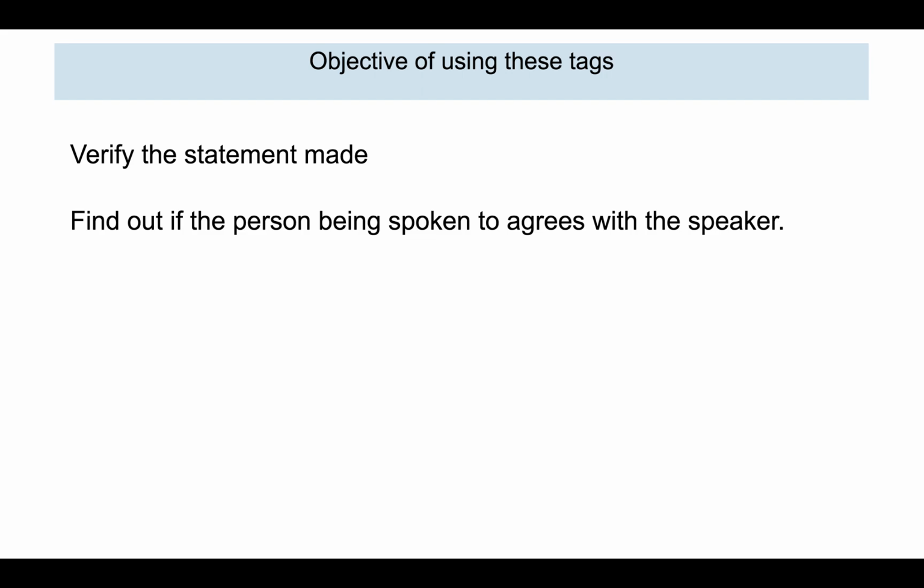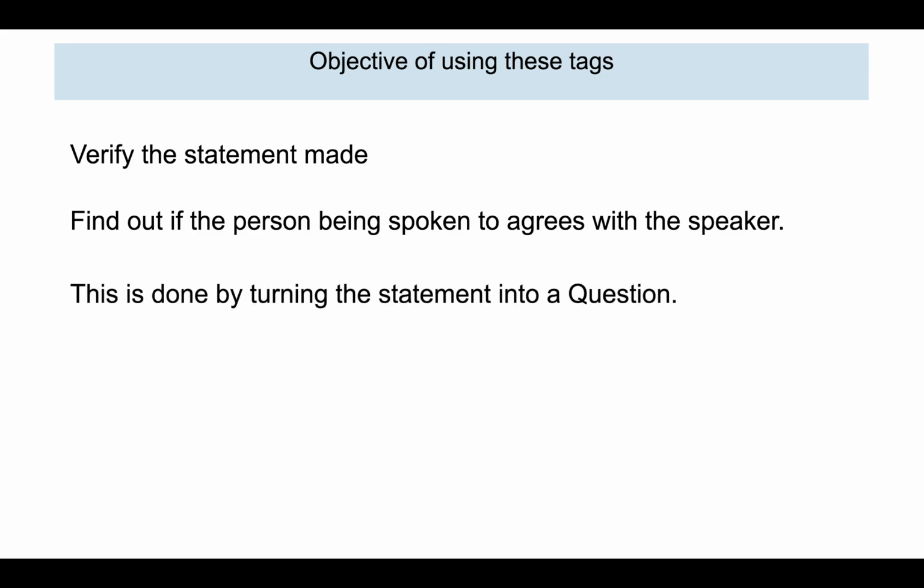Now, how is this done? This is done by turning the statement into a question. Now, when you ask a question, there has to be an answer. Now, the answer can be yes or no. Because that person is not expecting a big reply or a big answer.